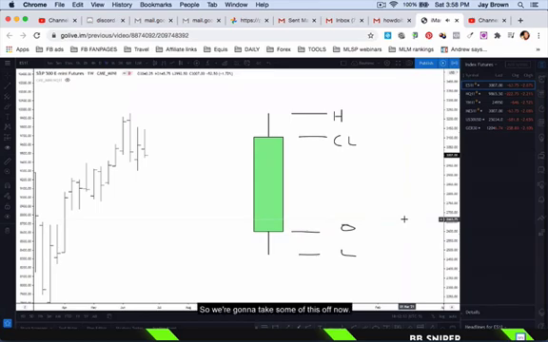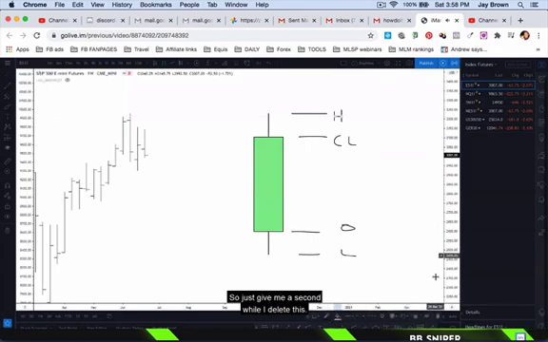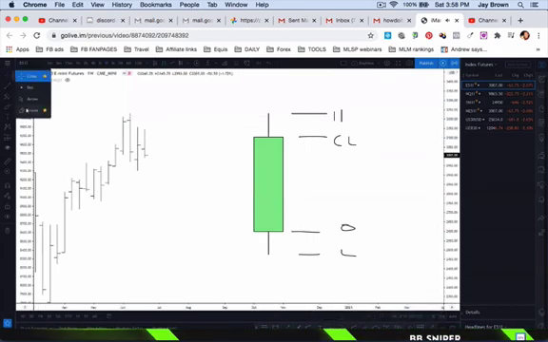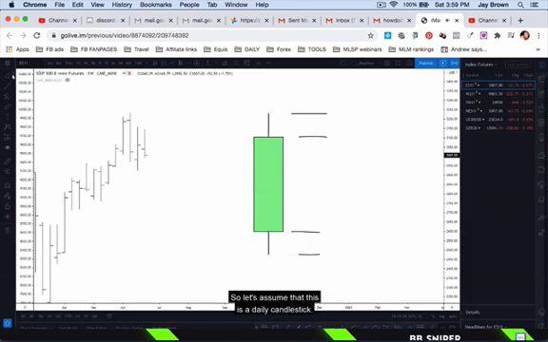Okay, so we're gonna take some of this off now. So just give me a second while I delete this. Okay, so let's assume that this is a daily candlestick. All right, it could be a Wednesday, a Thursday, who cares?